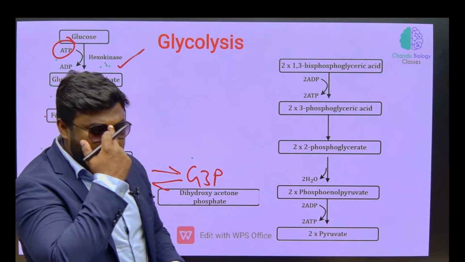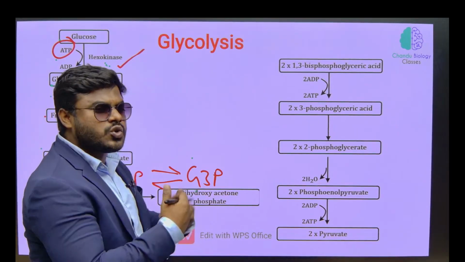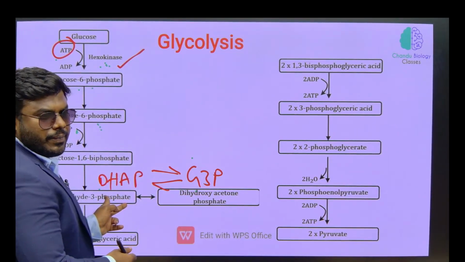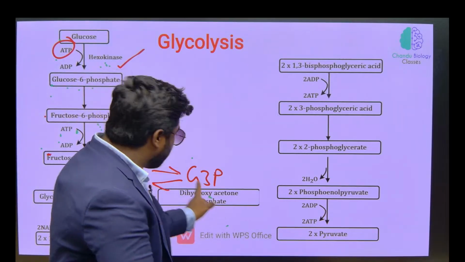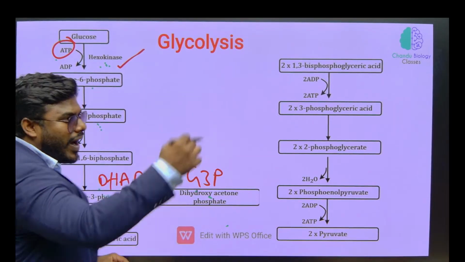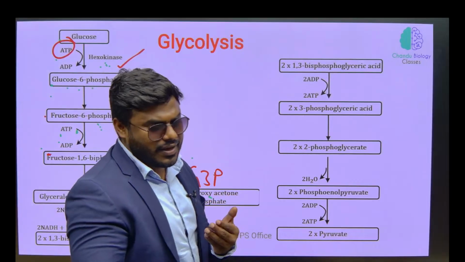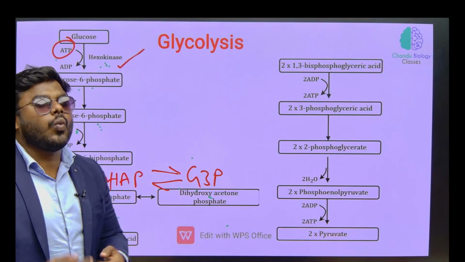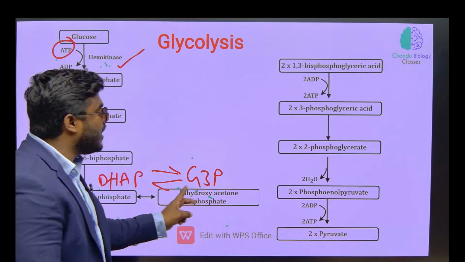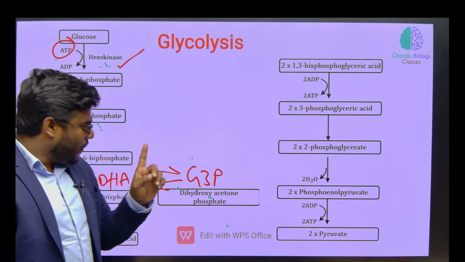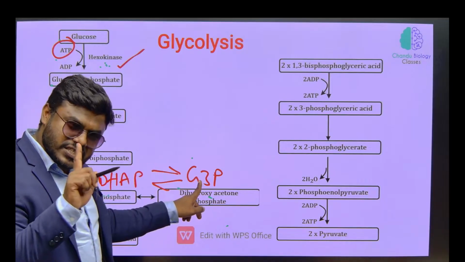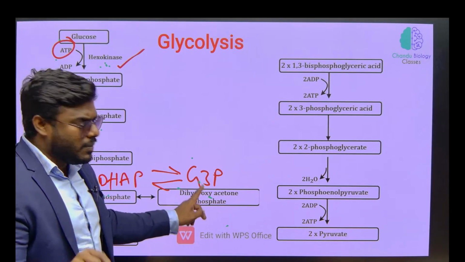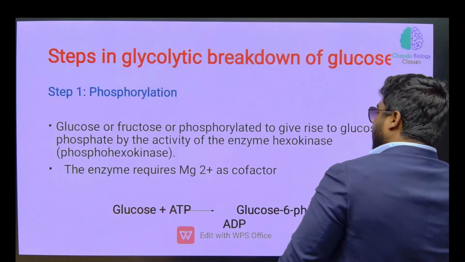For example, if G3P loses 1 carbon, DHAP also loses 1 carbon. If it gains 1 ATP, it also gains 1 ATP. While writing or considering, we'll consider 1 molecule. While calculating, we'll calculate for 2 molecules. While understanding, we'll understand for 1 to avoid confusion. But while calculating, we'll calculate for 2.